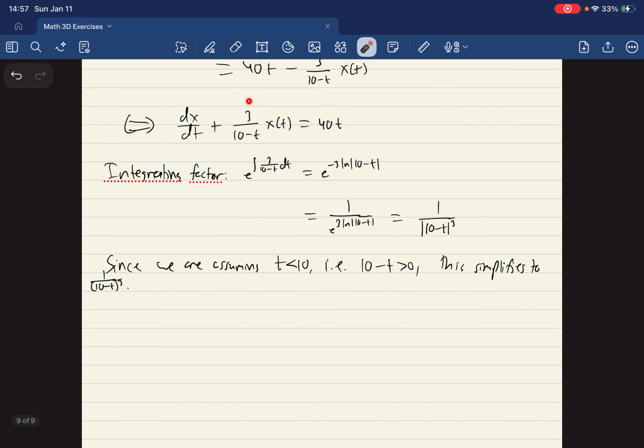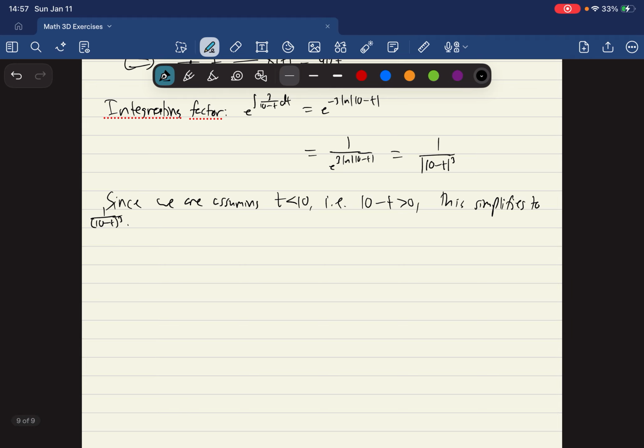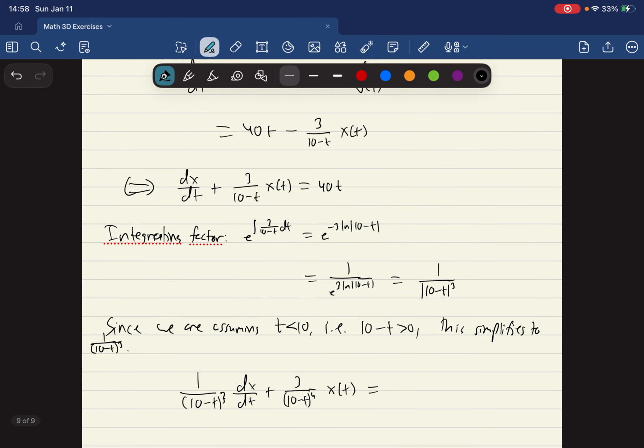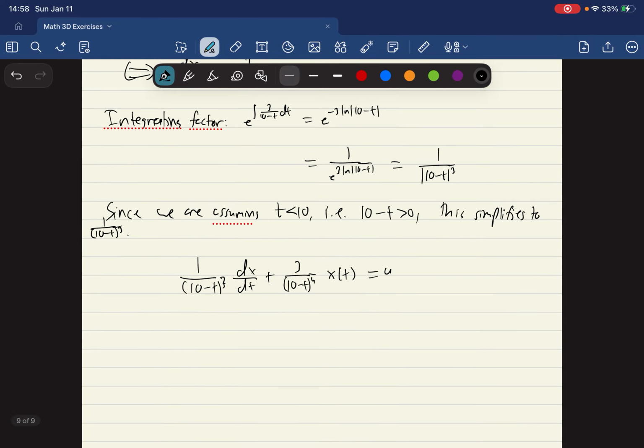And so going back up to our differential equation here, if we multiply by that integrating factor, we're going to get 10 minus t cubed dx dt. Plus 3 over 10 minus t to the fourth now times x of t equals, what's it going to be? 40t all over 10 minus t cubed.